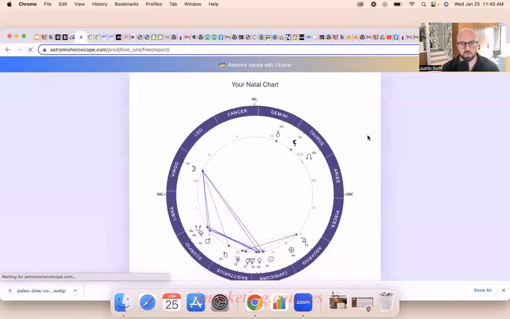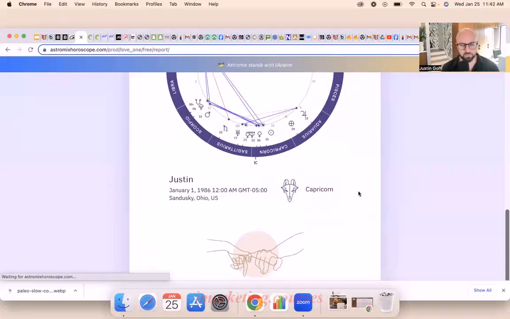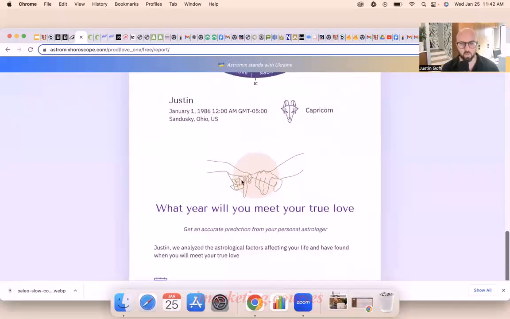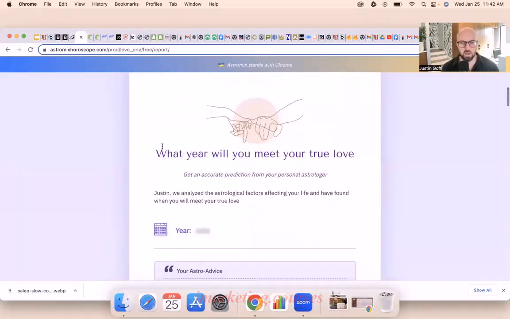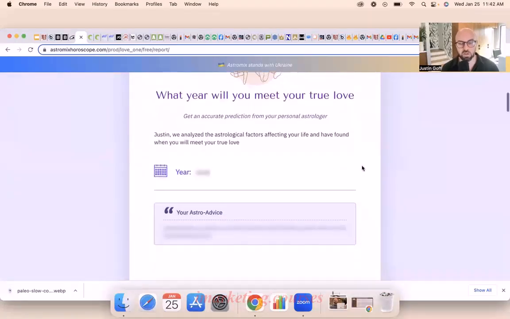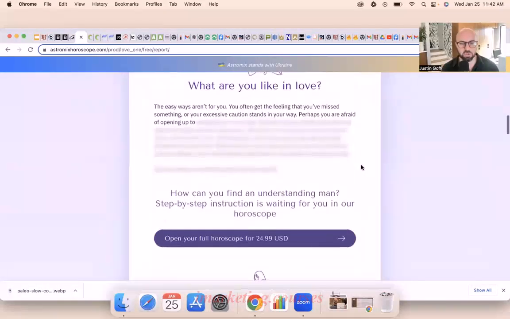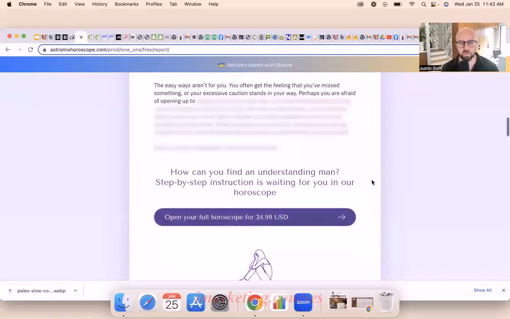So this gives you a whole spit out based on your info. When will you meet your true love? This is really interesting. I went through this earlier. What year will you meet your true love? It doesn't show you any of this, but it gives you the option to buy your whole horoscope for 25 bucks.